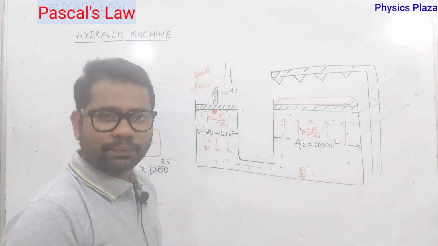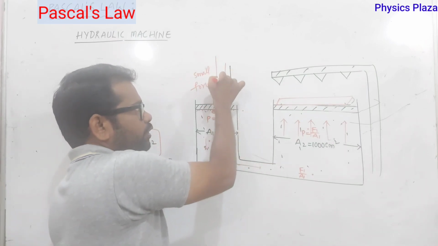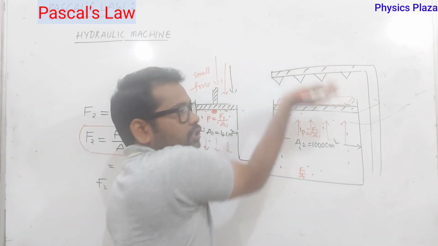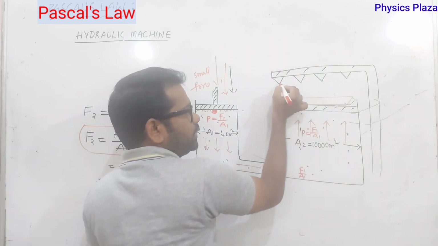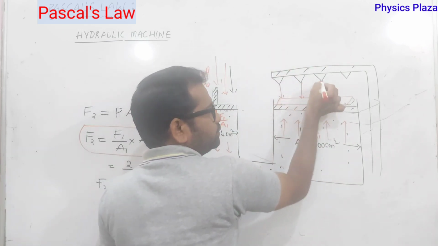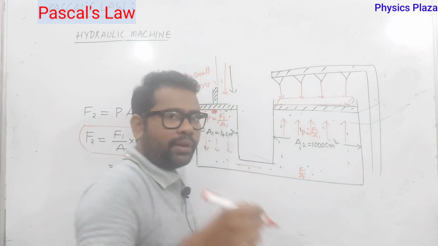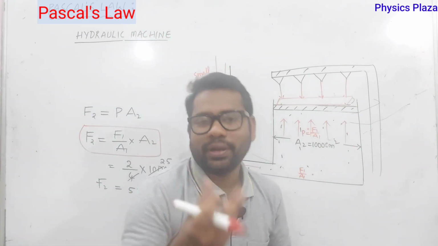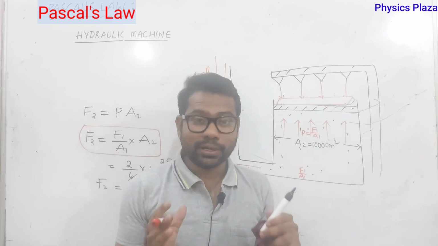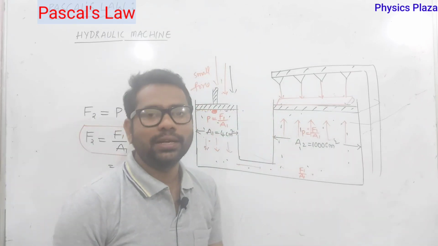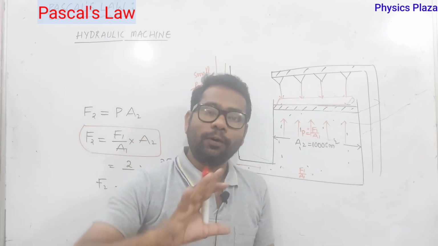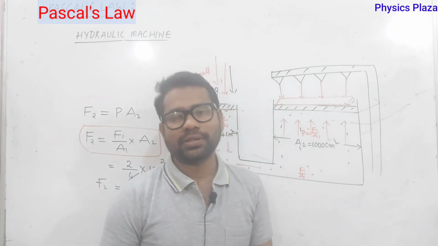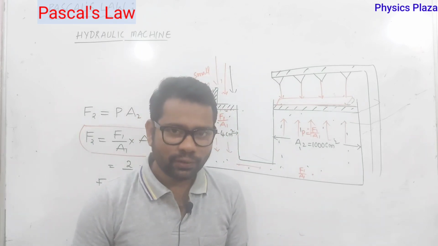Try to understand. Again, when you apply the force here, it is taken upward, and these tools will hit again and again, so that holes are made. Children, again I am telling you, I am not explaining in detail, just giving you an idea how we can modify this hydraulic machine.